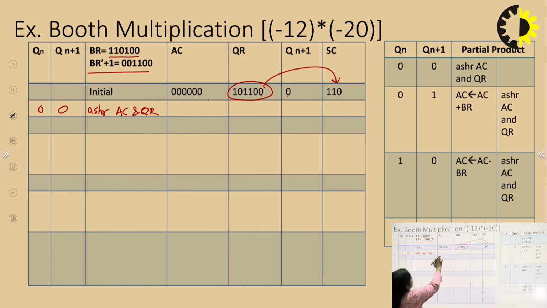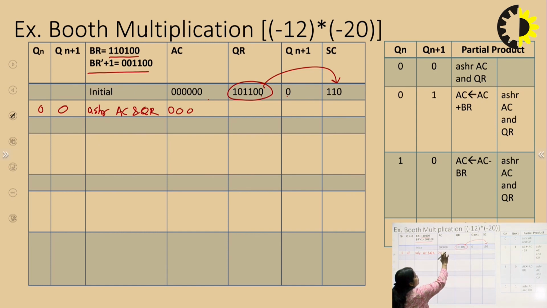It means whatever the value is here, you have to apply this on the AC and QR register, the arithmetic shift operation. It means arithmetic shift right. The first bit, consider it 0, and including this bit, you are shifting the operation.